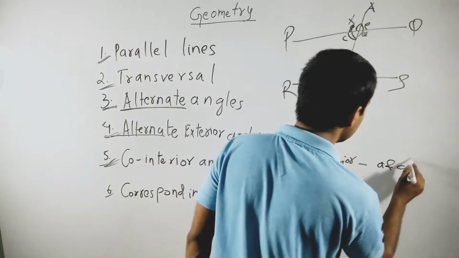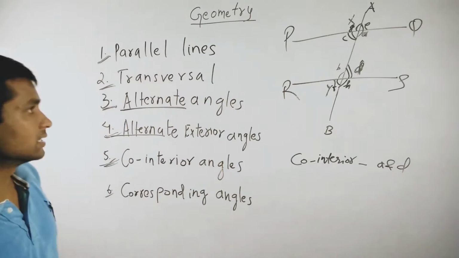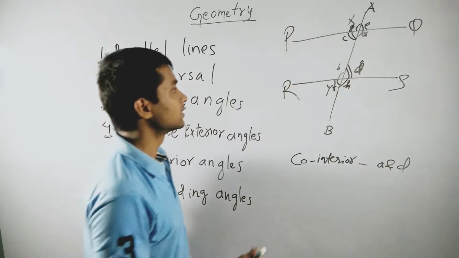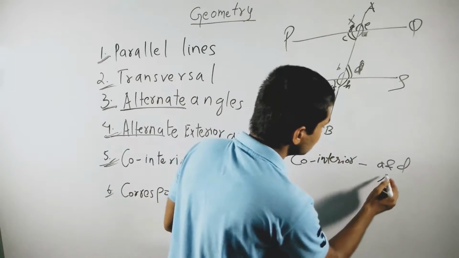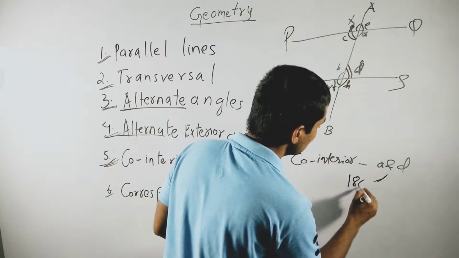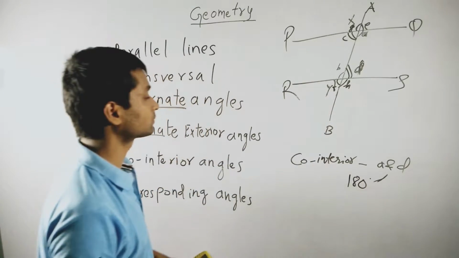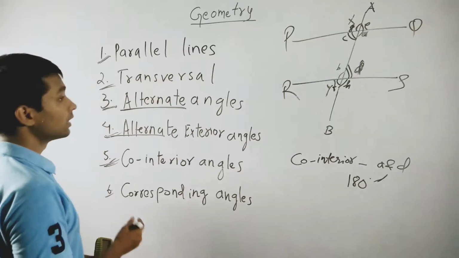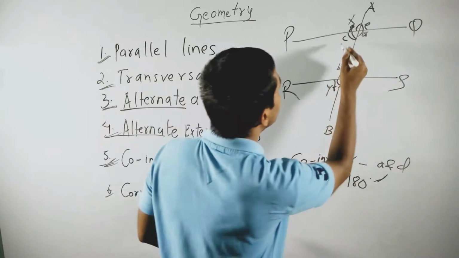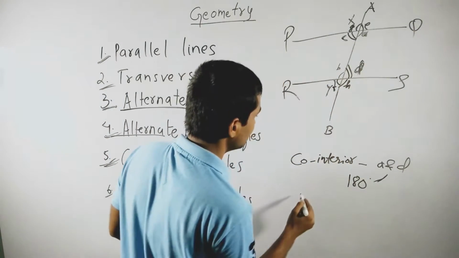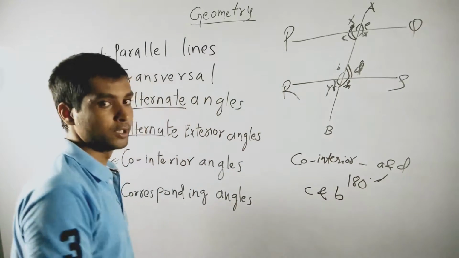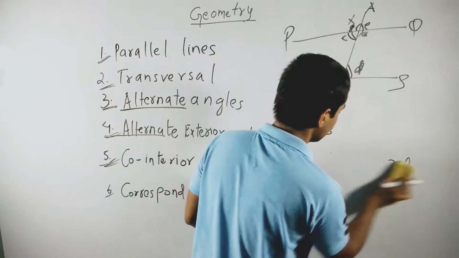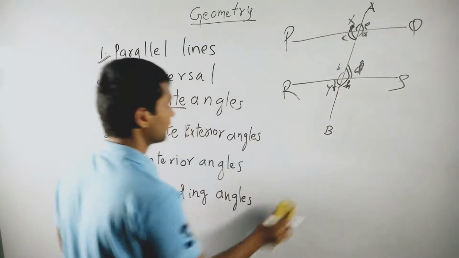A and D are co-interior angles and the sum of them is always 180 degrees. Also, you can say C and B are also co-interior angles.